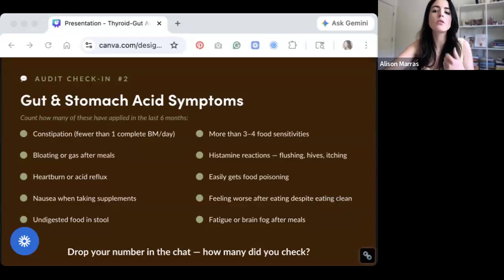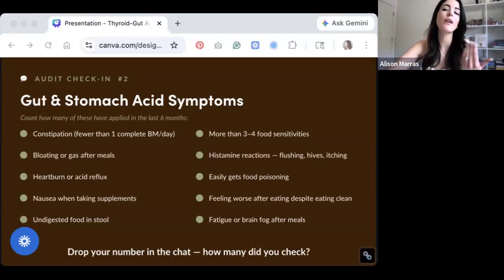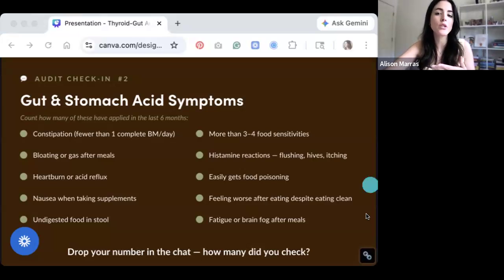Bloating or gas after meals, heartburn or acid reflux, nausea when taking supplements or vitamins, undigested food in the stool, more than 3 to 4 food sensitivities, histamine reactions like flushing, hives, itching, frequent gut infections or dysbiosis.